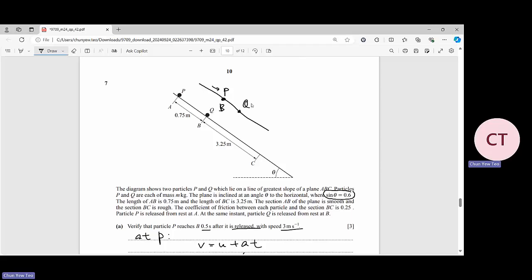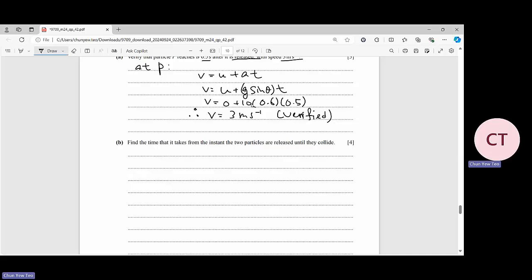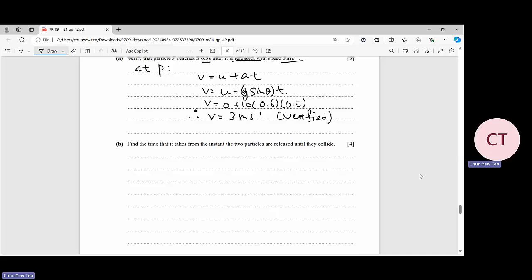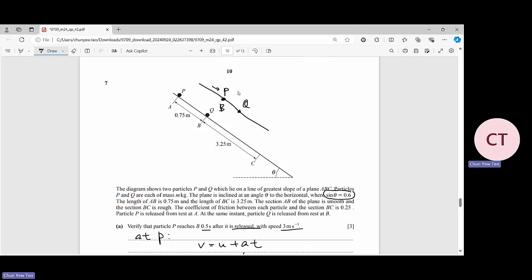Now because there is friction, we need to consider the normal contact force first, because we want to find the frictional force. This is the normal contact force, and this is the mg.